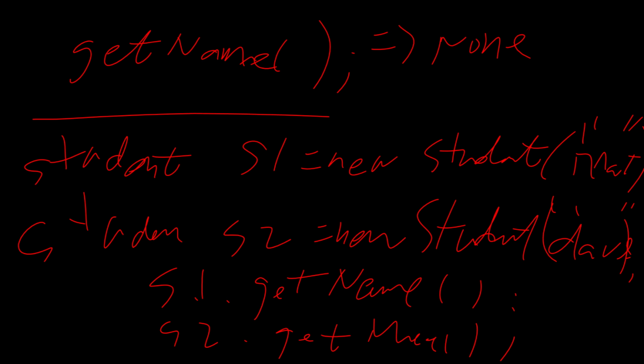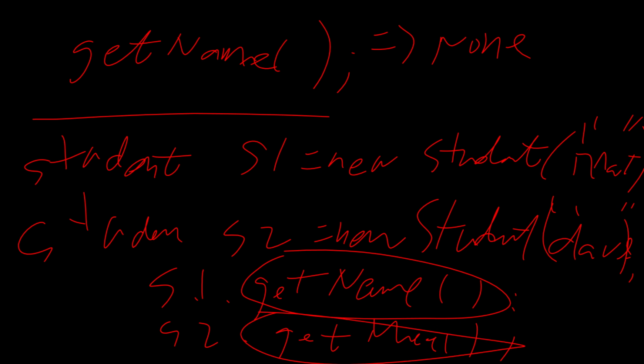So which means this getName method doesn't belong to class, but belongs to the object who calls this method, right? So for s1, the object is different.